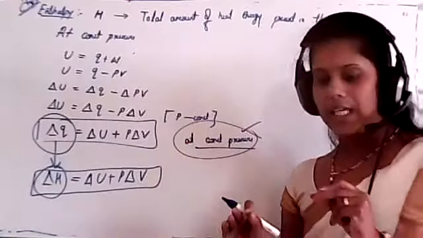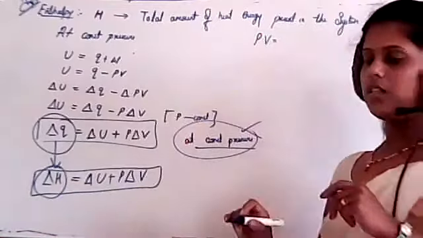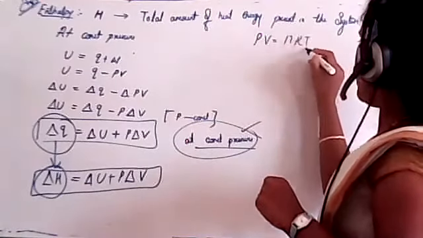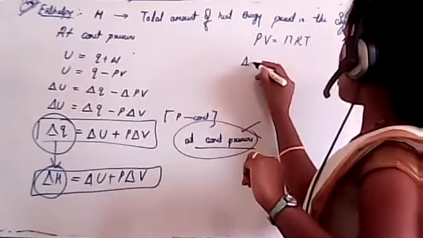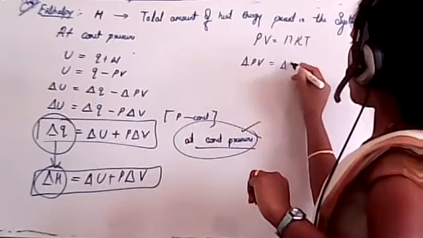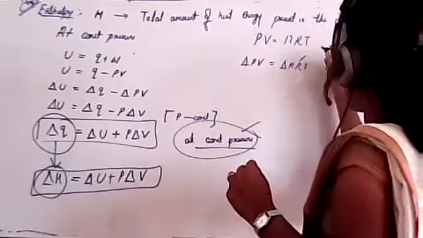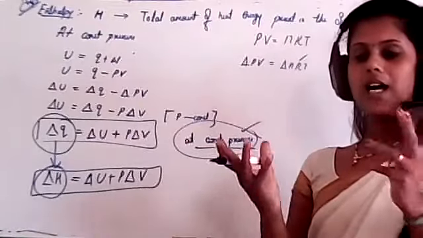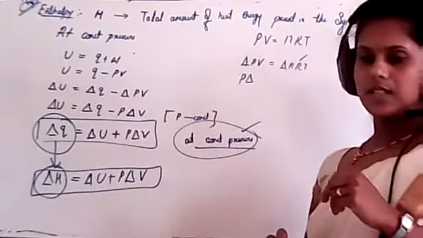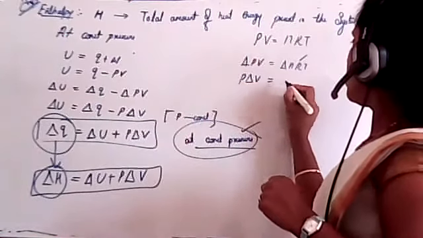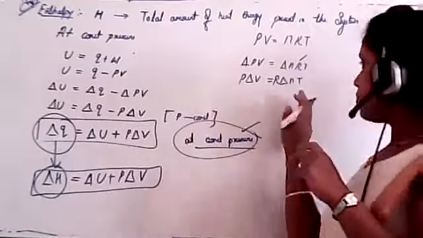So now again, I'll consider the ideal gas equation. What is the ideal gas equation? PV equals nRT. Again, I'll consider change at constant pressure: P delta V equals delta n into R into T. Now we know R is a constant, so there is no change in R. Pressure is a constant, so it stays outside.